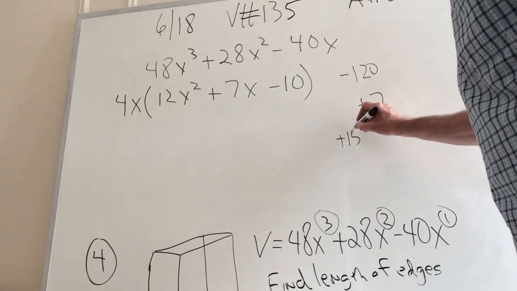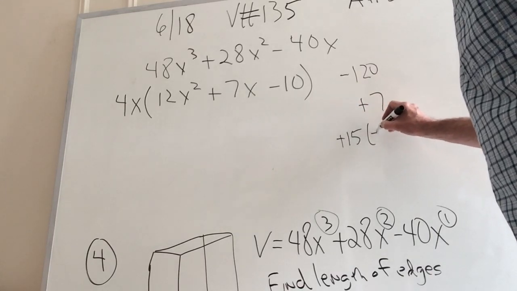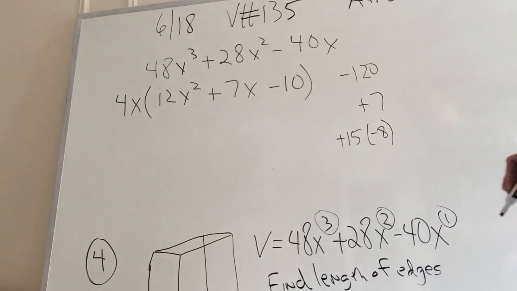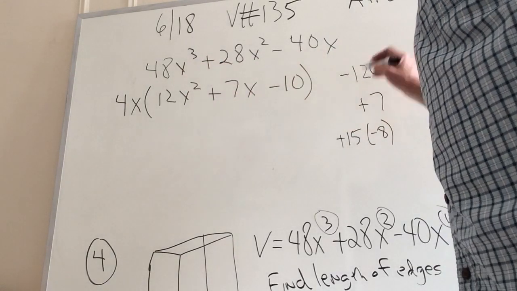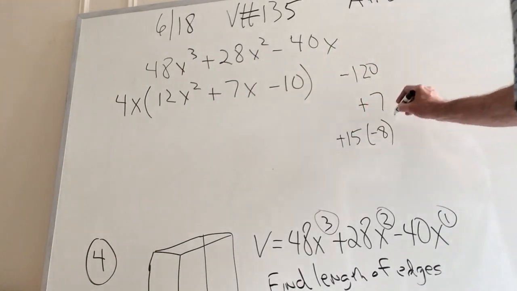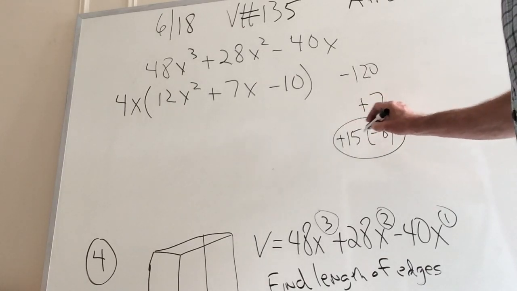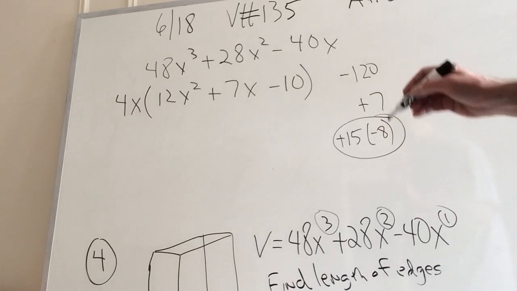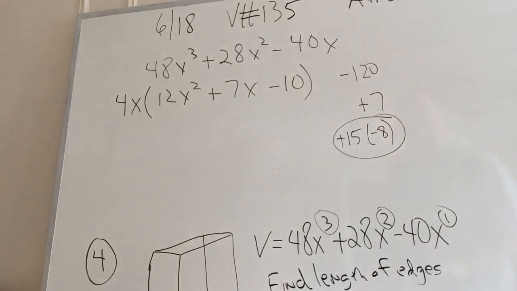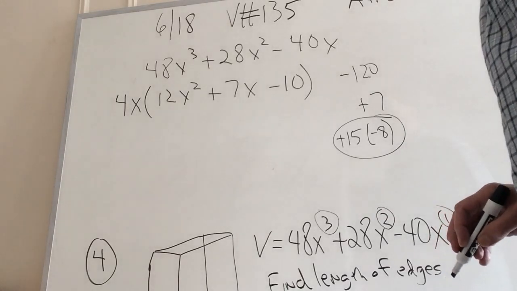It would be positive 15 times negative 8 gets the job done. Now, 120 has a lot of factors, but come on, this is the Regents math. You don't expect it to be that easy. So this times this is this. There's the 7, and when you play around with it, 15 times 8 is 120, and 15 minus 8 is 7.